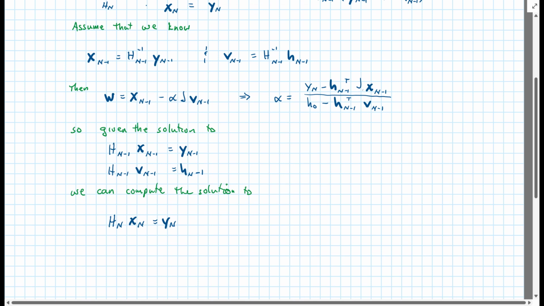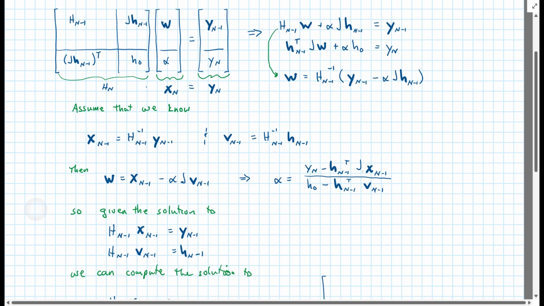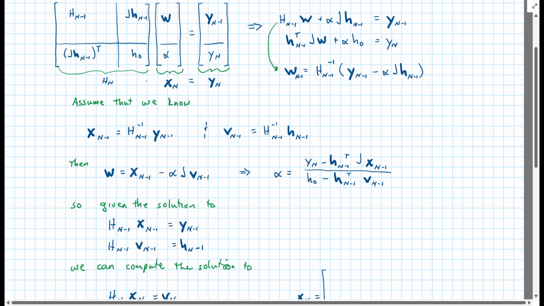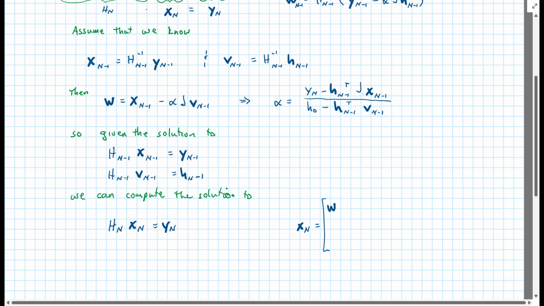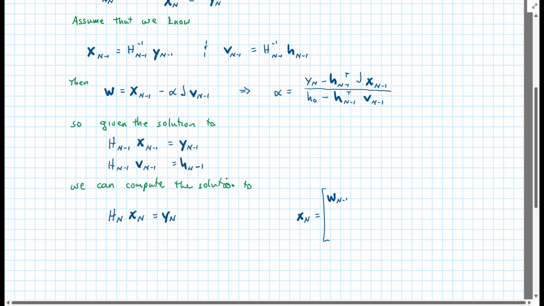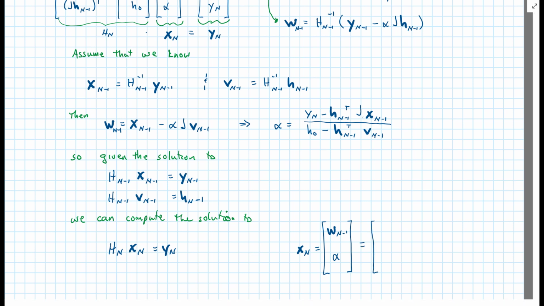Specifically, from the equations up above, we would have x of n is equal to w, and I'm going to put n minus 1 in here so we can keep track of things, w n minus 1, alpha, and our w n minus 1 is going to come from our x n minus 1 minus alpha j v n minus 1.